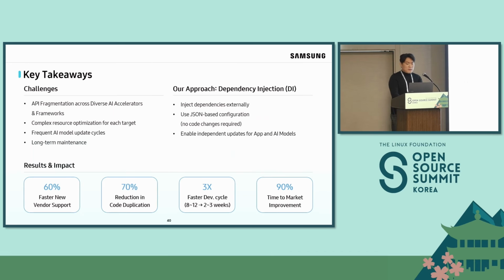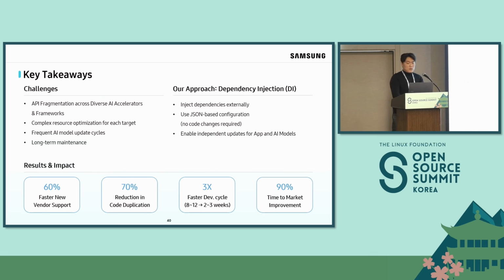We have faced various challenges and aim to provide solutions that eliminate dependencies. First, minimize hardware dependency. Second, base each hardware configuration on JSON to eliminate the need for code modification by AI model developers and app developers. So this enables completely separate updates for the app and AI model.